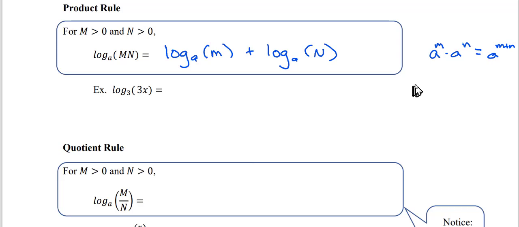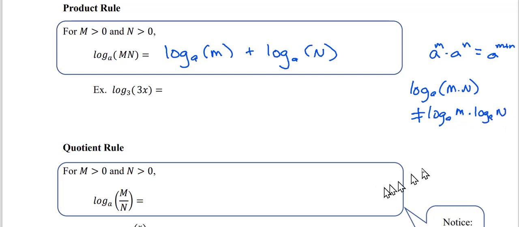An important thing is that log base a of m times n is not equal to log base a of m times log base a of n. Product inside a log does not mean product of logs.